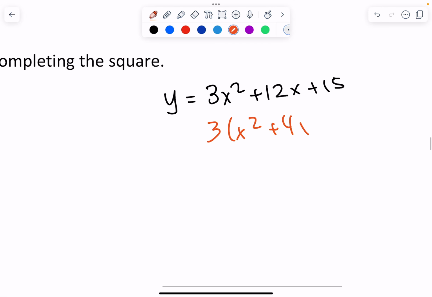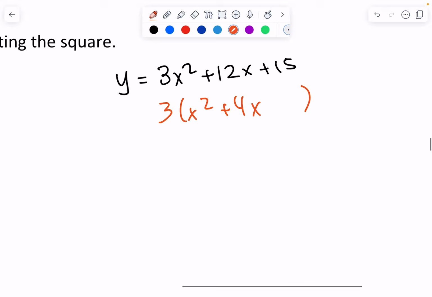So when I do that, I just get 3 times x squared plus 4x. And then I'm going to leave a space there for my perfect square. And I'm going to leave 15 outside by itself.